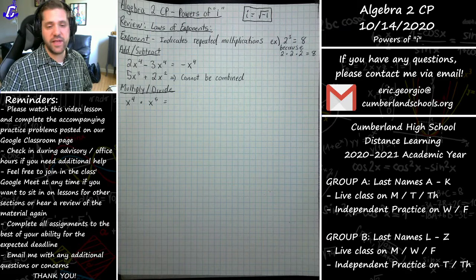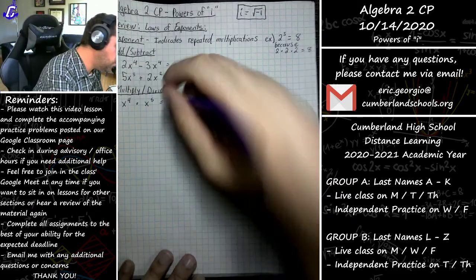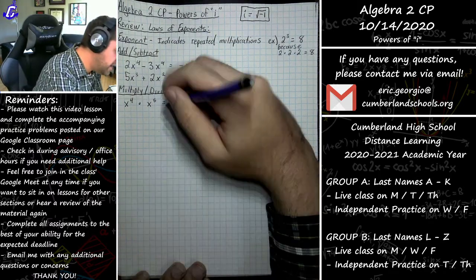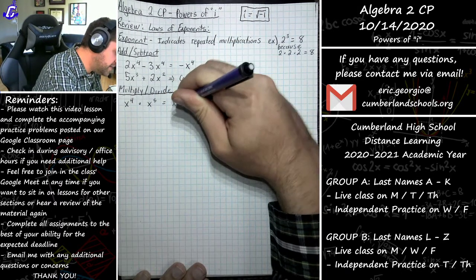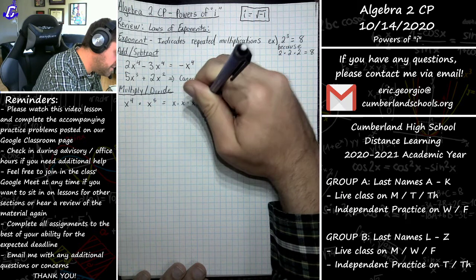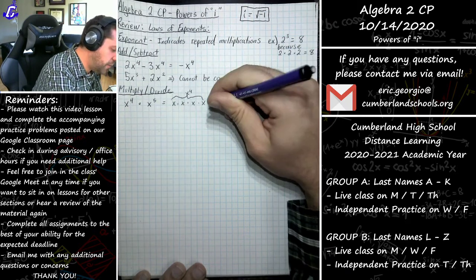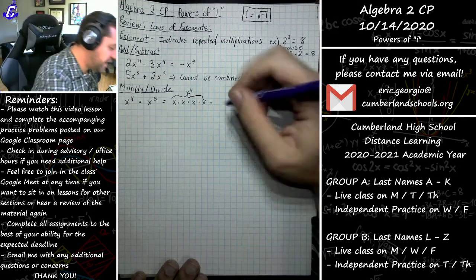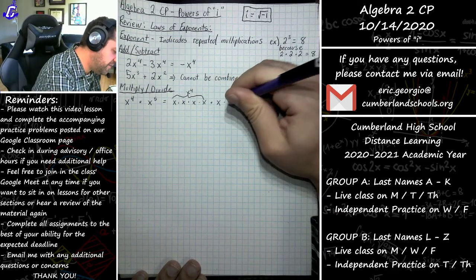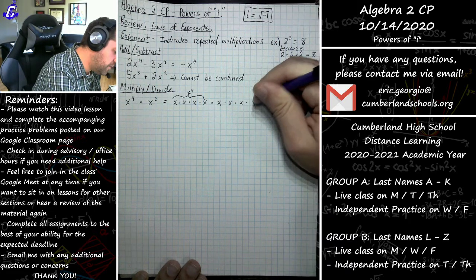X to the fifth means I have x times x times x times x times x, 5 times. So what this really expands out to is x times x times x times x, there's your x to the fourth written out. This is why we use exponents, so we don't have to actually write that out every time. And here's our x to the fifth, 3, 4, 5.